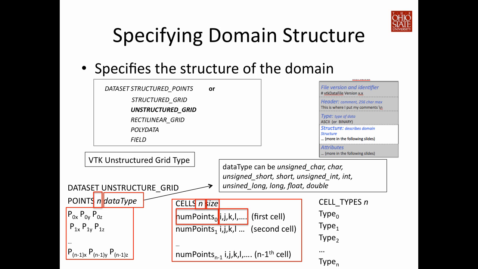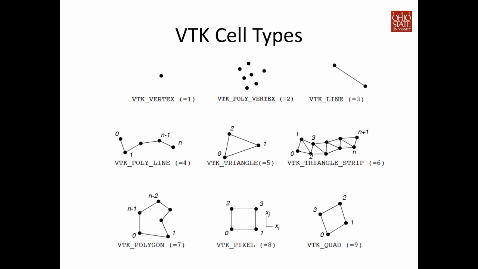In VTK, it is also possible for you to mix and match cells of different types. For this reason, you need to specify the VTK cell type for each of the cells. Here is a list of cell types that are supported by VTK. In VTK, you will specify each type by an integer number.